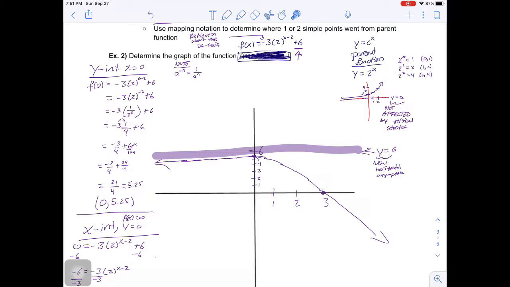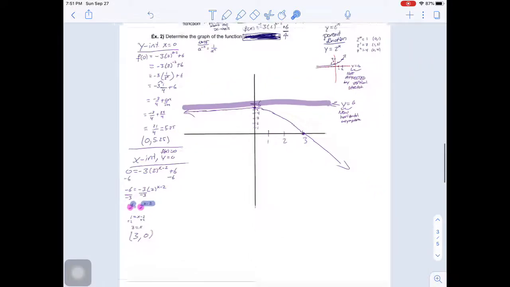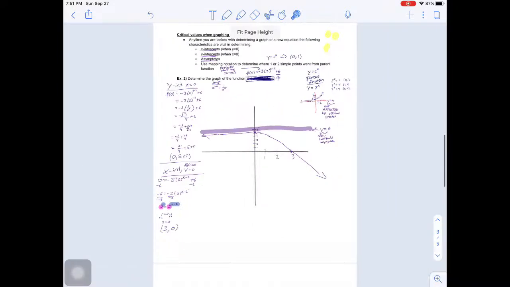We applied a reflection, okay? So this thing ended up going downwards, which looks like this. And then we had to move 6 units up. So our horizontal asymptote used to be here at y equals 0, but then it was moved 6 units up. And we can see that it's been stretched out a little bit, which makes sense because we're going through a vertical stretch by a factor of 3.